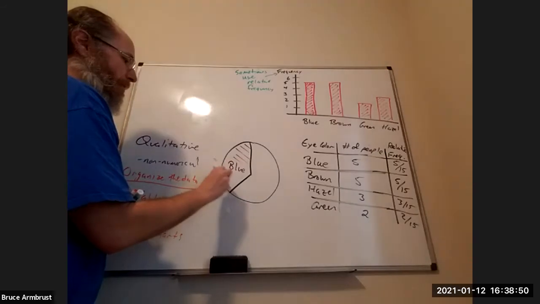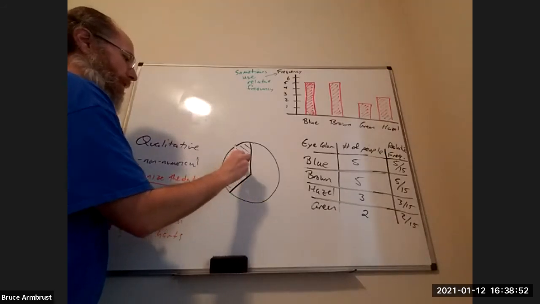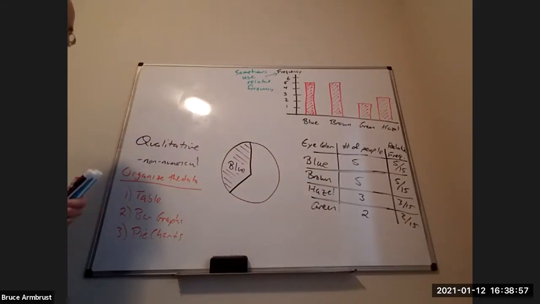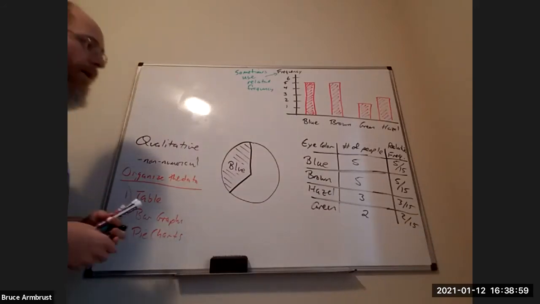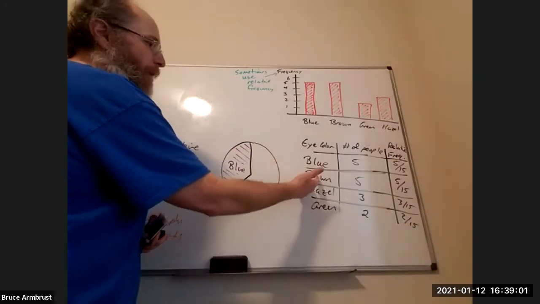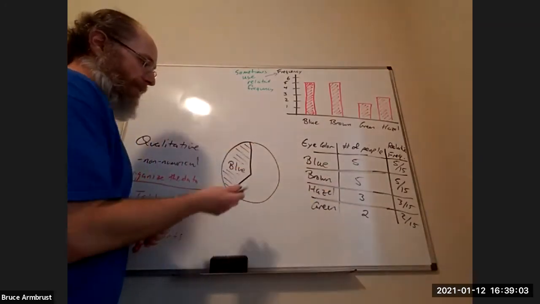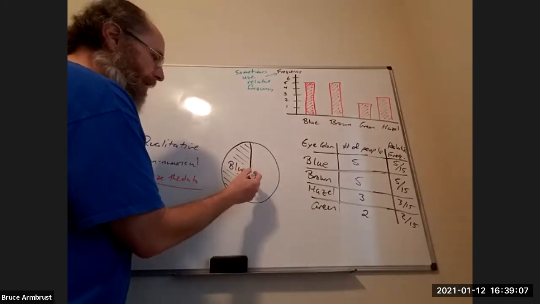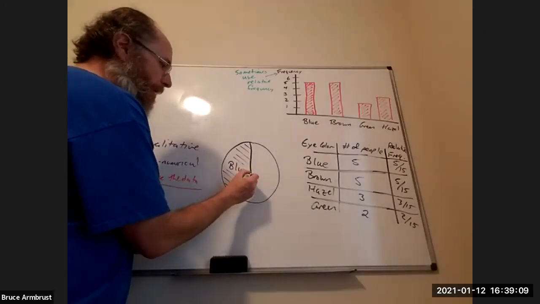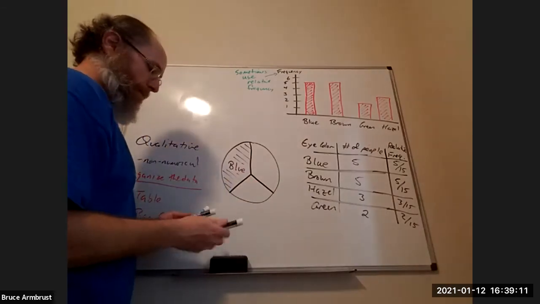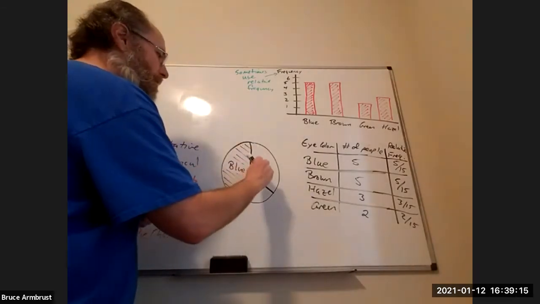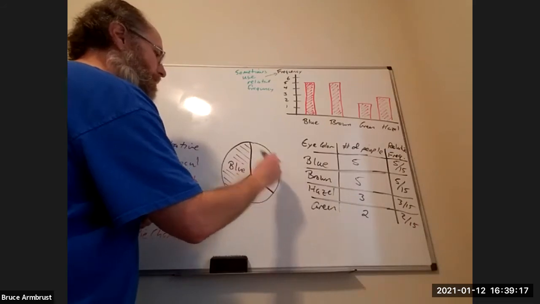I know my pen is actually purple, but we'll call that blue. All right. We also have brown is 5/15, which means 1/3. So 1/3 of this pie is going to be brown. So let's make that this side over here. That was a good third.